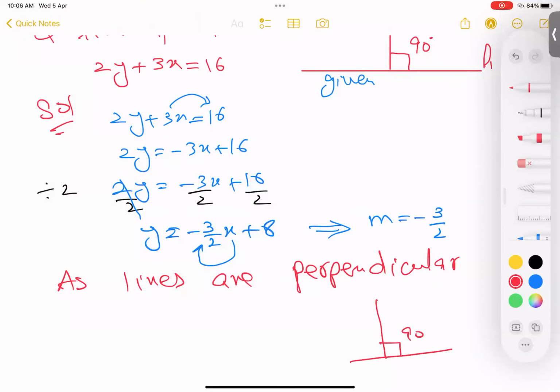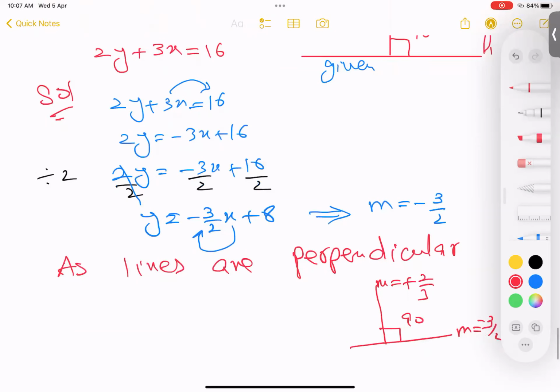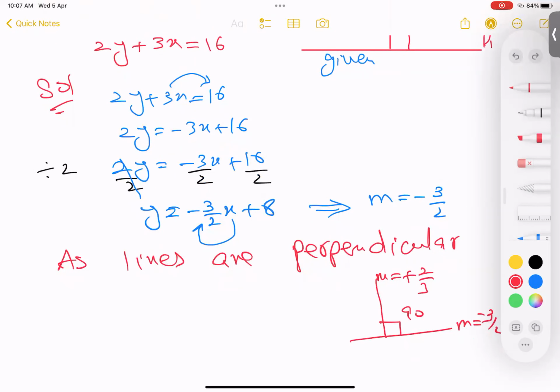So if the gradient of the given line is minus 3 by 2, then for this line the sign negative becomes positive and flips. 3 by 2 becomes 2 by 3. So what is the gradient, students? I can use plus 2 by 3. I repeat my words: negative reciprocal. The minus becomes plus and 3 by 2 becomes 2 by 3. Opposite, flip.